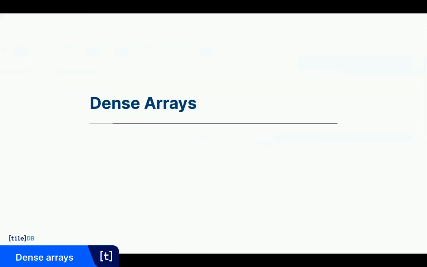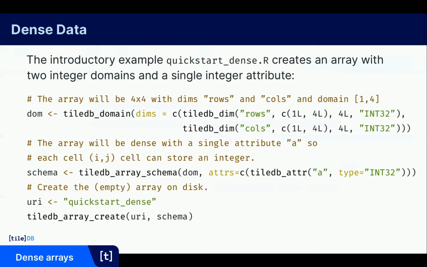All right, so let me start with dense arrays, because dense arrays are conceptually simple, and dense arrays historically is also where TileDB started. Dense arrays tend to be a bit more limited in the sense that they require the same variable type for the indices, rows, columns, or third and fourth indices, so you cannot mix, as we will do later with sparse.